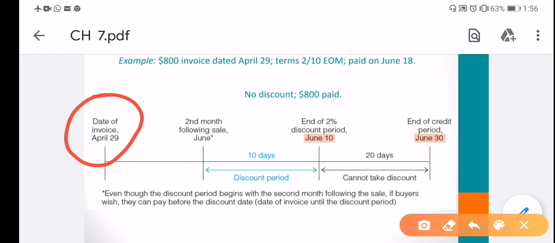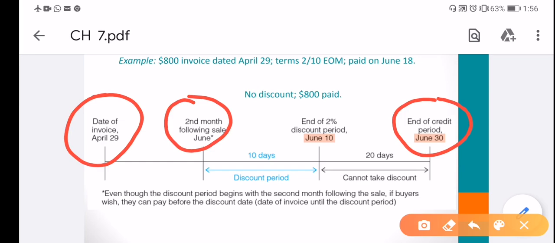So we skip 1 month. So we have April, we skip May, and then we start in June here. Okay, and then take 30 days. We end on 30 of June, and we have this first 10 days where we are able to take this discount.